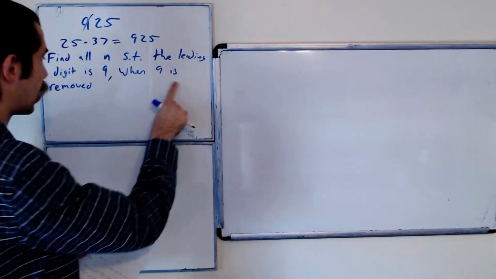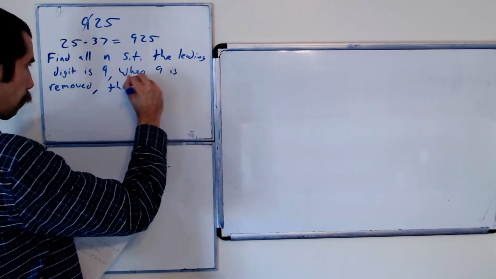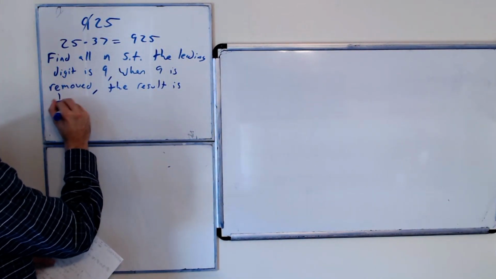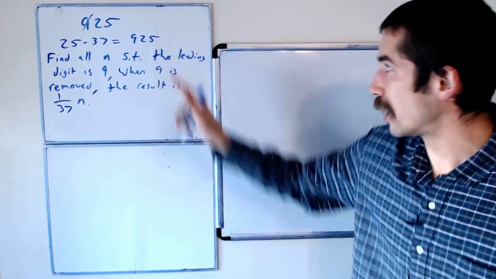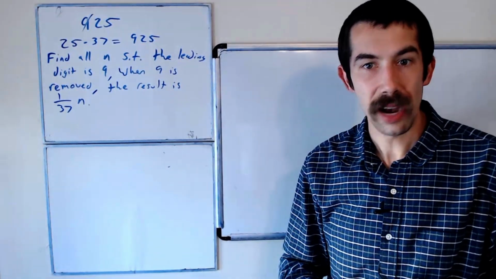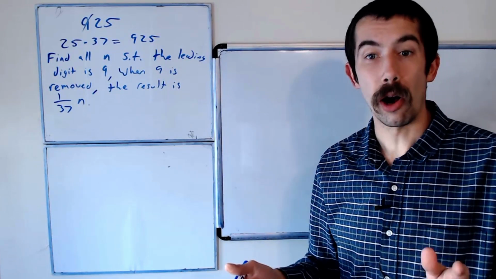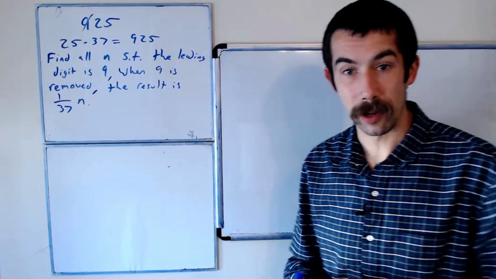So when 9 is removed, the result is 1 over 37 n. Okay? So we see that 925 is an example of one of these numbers. Are there more of these numbers? Pause the video and try on your own, and then come back when you want to see my solution.